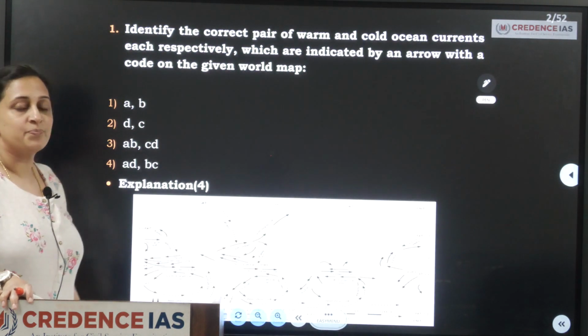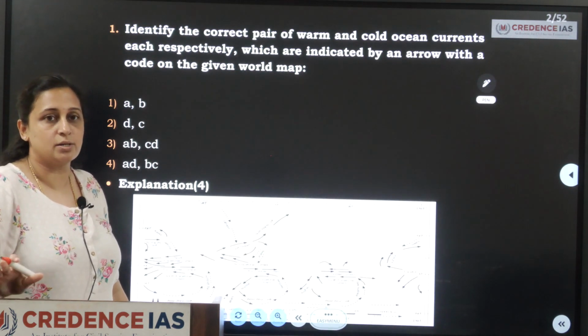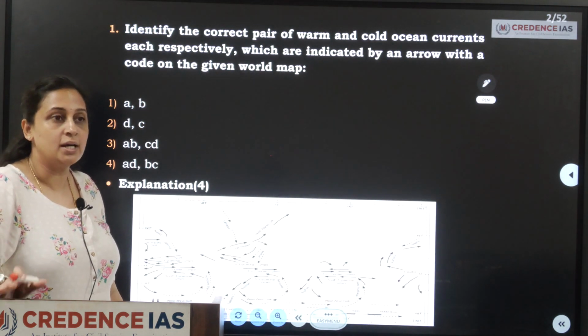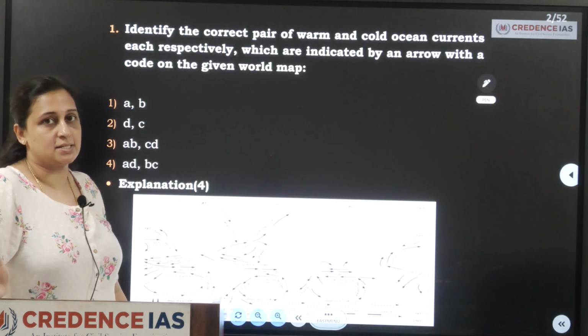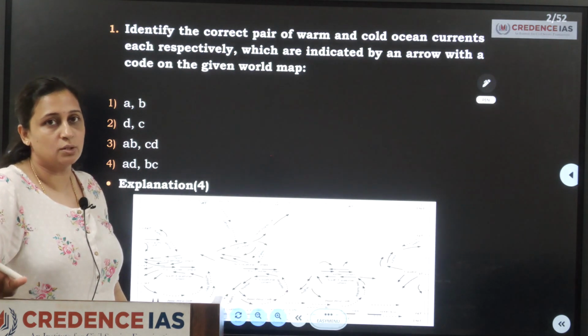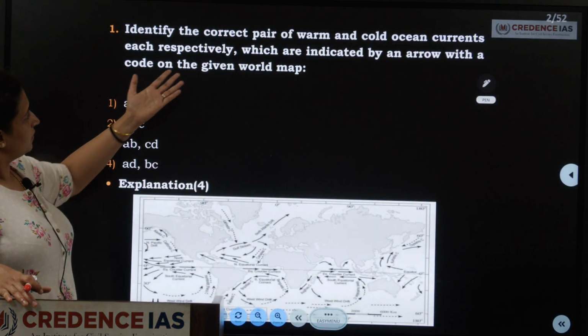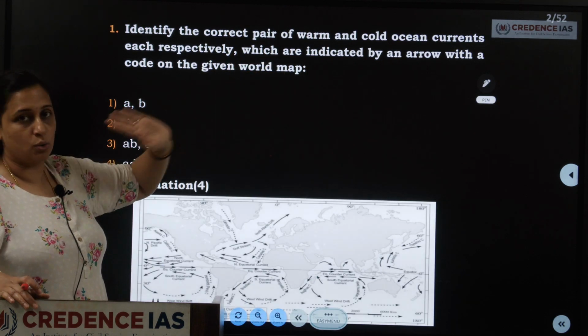That means you have to be thorough with the warm and cold ocean currents that pass over the world oceans. It is available even in the NCERT geography textbook as well as the atlas. We have to go through that once. Given the options, we have to identify the correct pair of warm and cold ocean currents.